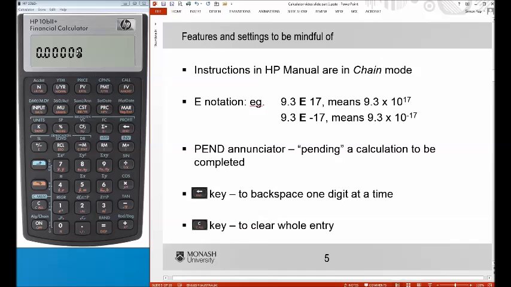Any number greater than 12 characters will be displayed in scientific notation with the letter E. For example, 9.3 E17 means 9.3 multiplied by 10 to the power of 17. And 9.3 E negative 17 means that it is 9.3 multiplied by 10 to the power of negative 17.